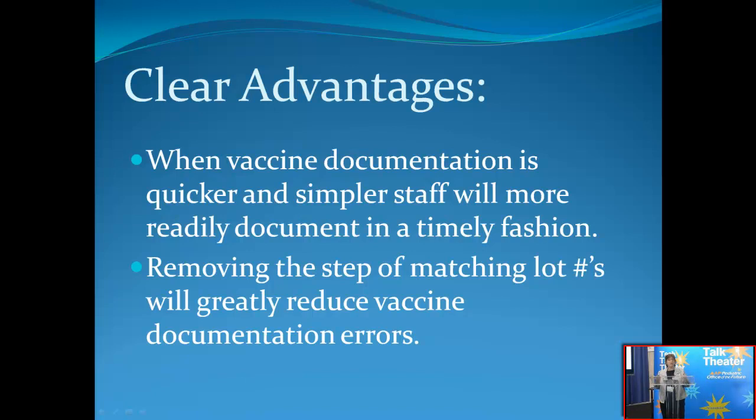And so we try and come up with systems, and we recommend to practices that you develop systems so that your nurses and MAs will always document that vaccine given. Some people prefer to do that when the vaccine is drawn up, and some people prefer to do it after. We've found that if vaccines are documented prior to the administration, there tends to be less vaccine error. And then, of course, making one lot available both in your refrigerator and in your inventory.